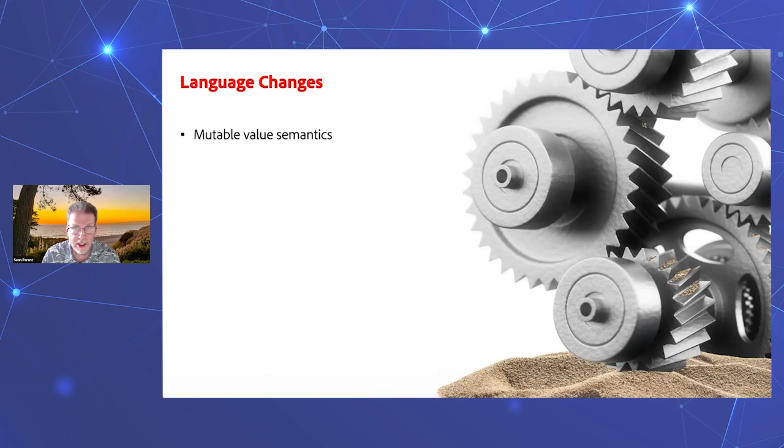So one of the first things that I want to see is languages evolve more around mutable value semantics. If you want a reference to this, go look at Val lang.